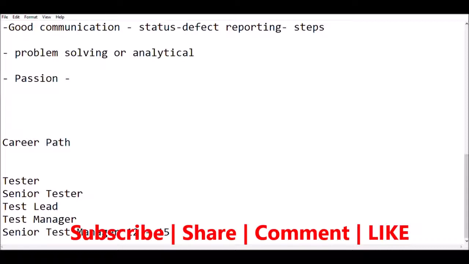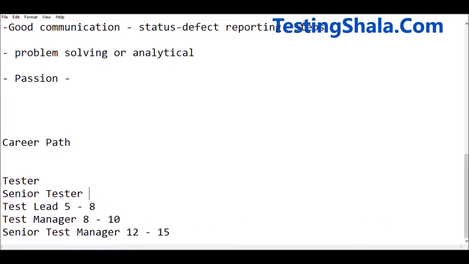Senior test manager role will be taken up from 12 to 15 years of experience. Test manager from 8 to 10 years of experience. Test lead you can take up at the 5th year to 8th year of your experience. Senior tester is at 3 to 5 years of experience, and tester is at 1 to 3 years. So these are the standard career paths in software testing.